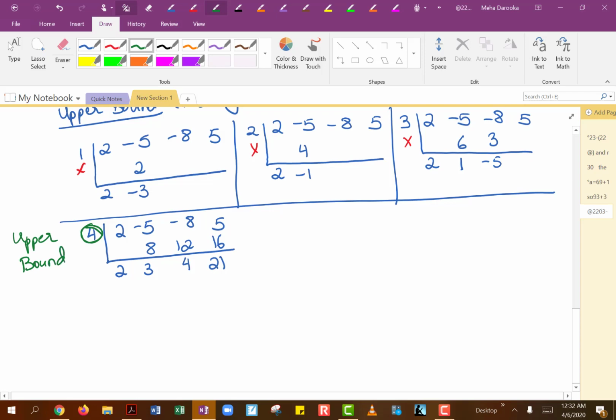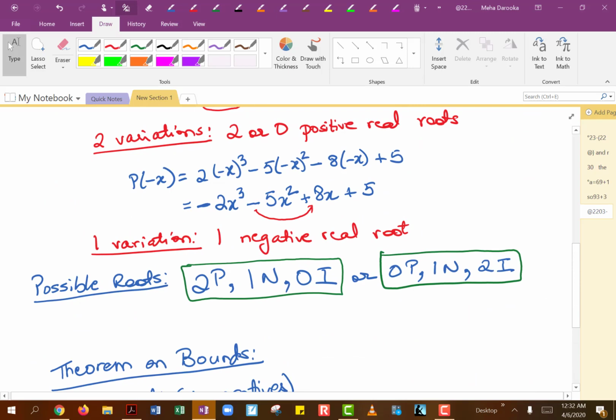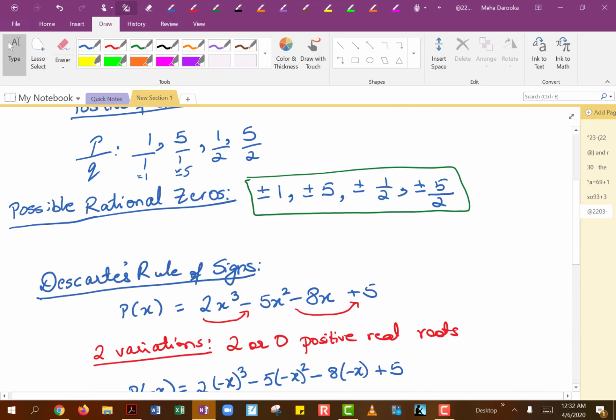Okay. So what this actually tells me, since positive 4 is your upper bound, that means you can see how this guy here has positive 5.